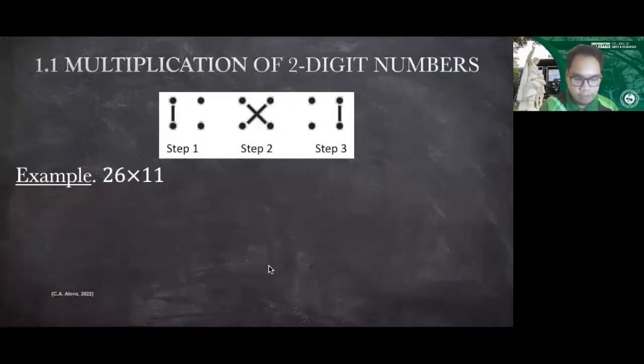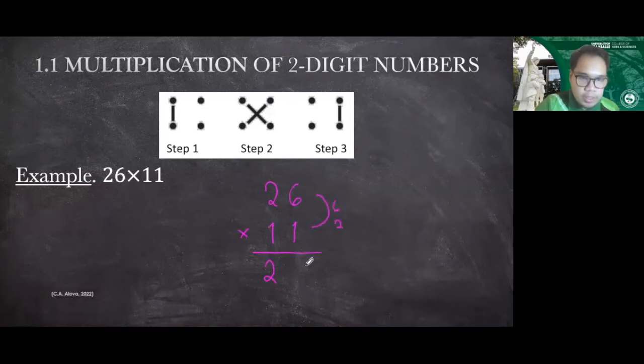Another example for everyone, we have 26 times 11. How do we do that? First, vertically, 2 times 1 is going to give us 2. And then crosswise, 2 times 1 is 2, and 6 times 1 is 6. 2 plus 6 is going to give us 8. And then 6 times 1 is 6.